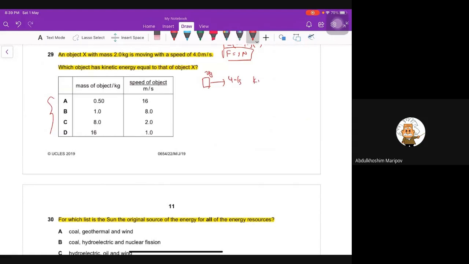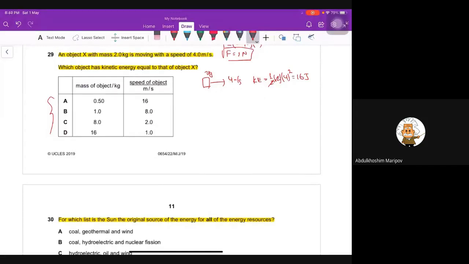So the kinetic energy of this 2 kilogram object is 1 over 2 times 2 times 4 squared, right? 4 squared is 16, and the 2s cancel. So 16 joules.